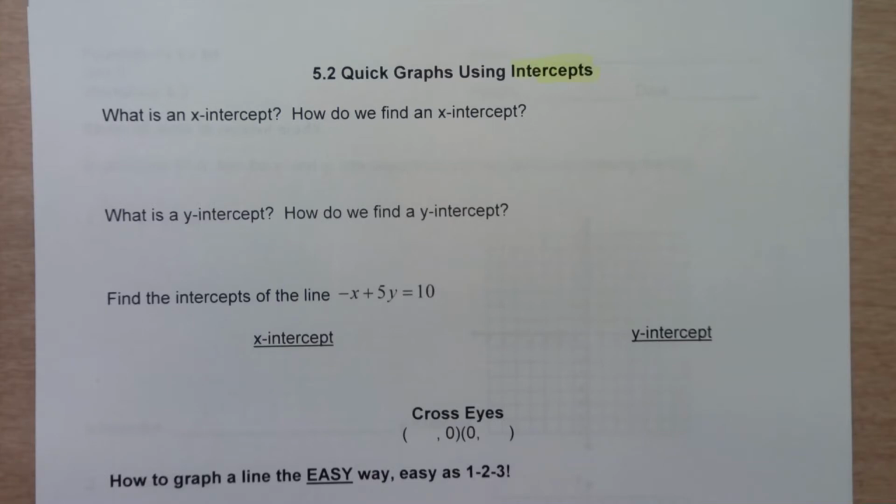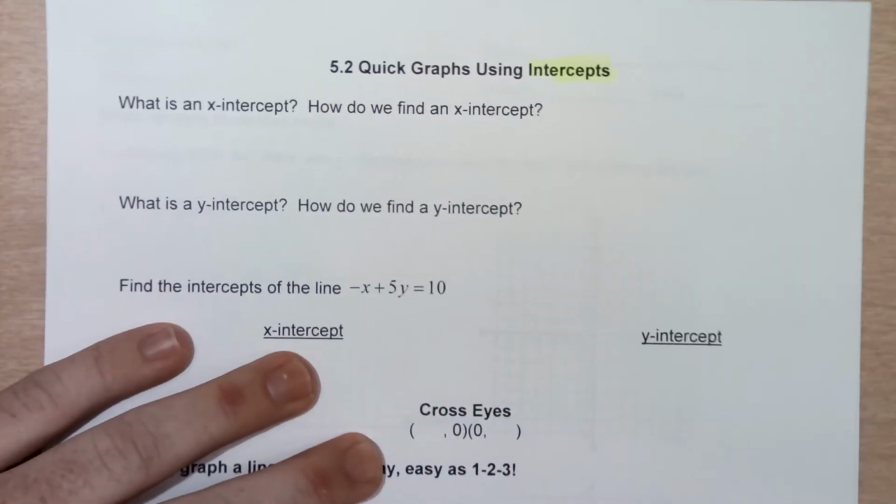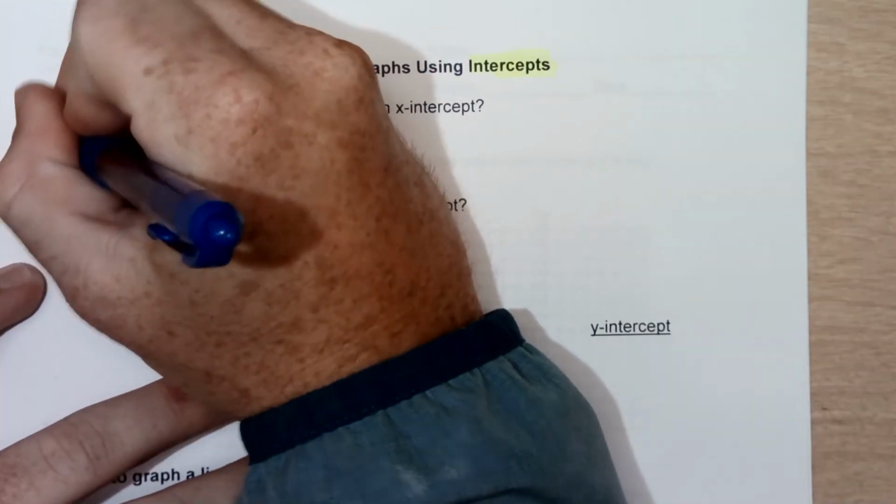So your x-intercept is going to be where the line crosses the x-axis.